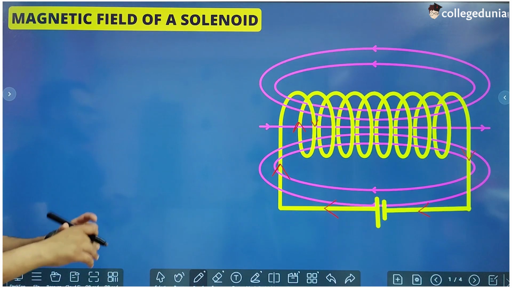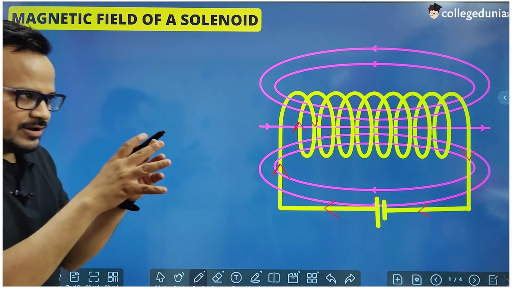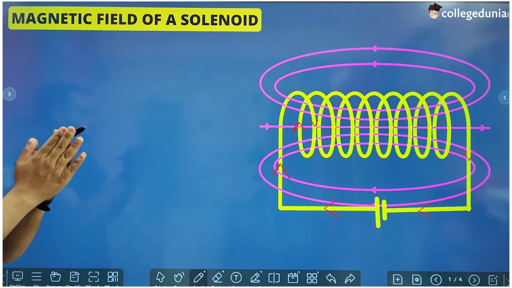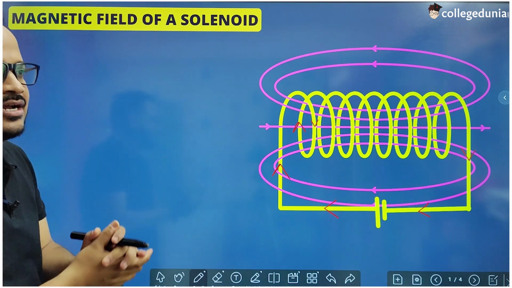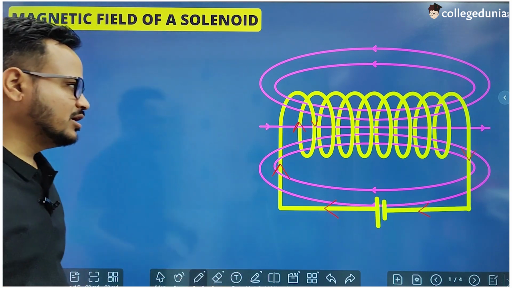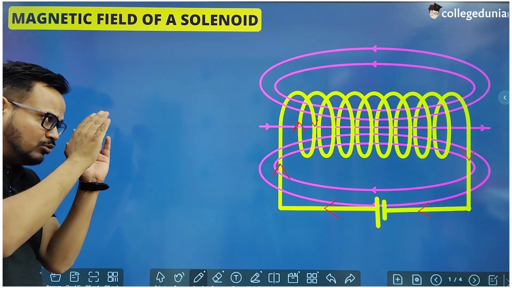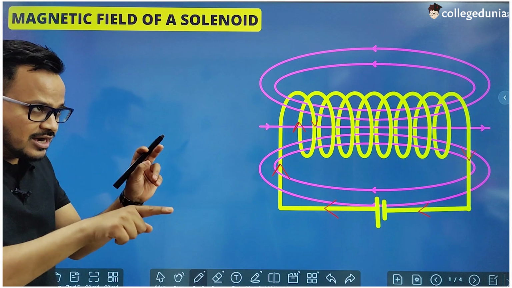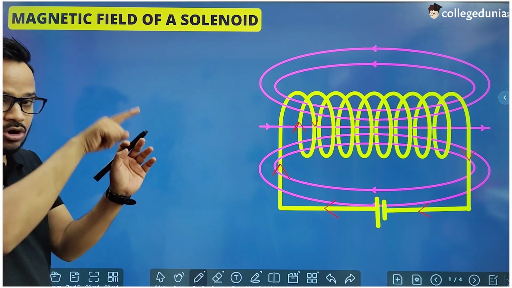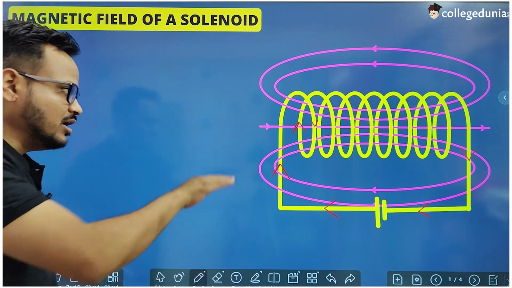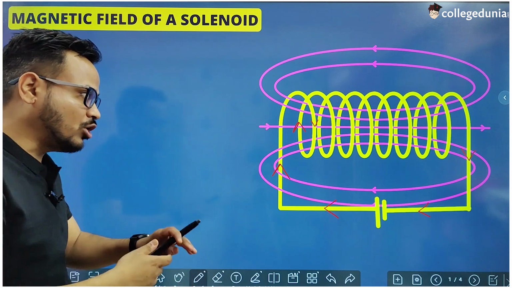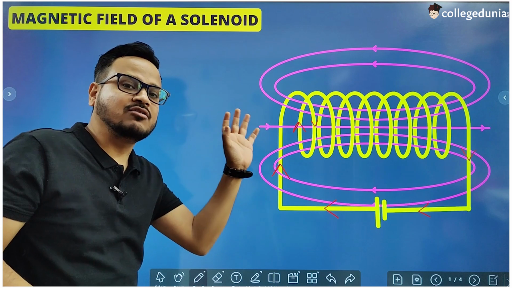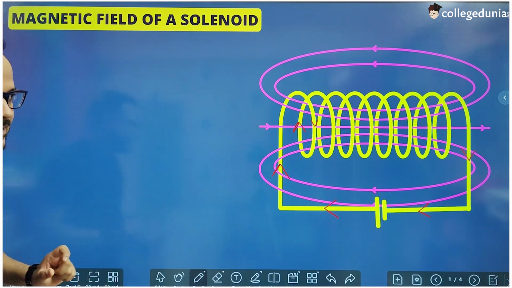So we all know that whenever the current is in clockwise sense in a coil, then on that side south pole is formed, right? Now if I'm looking at this solenoid from this angle, so I can see that the current in this turn is in clockwise sense. So I can say this face of this particular turn will behave as a south pole, right?